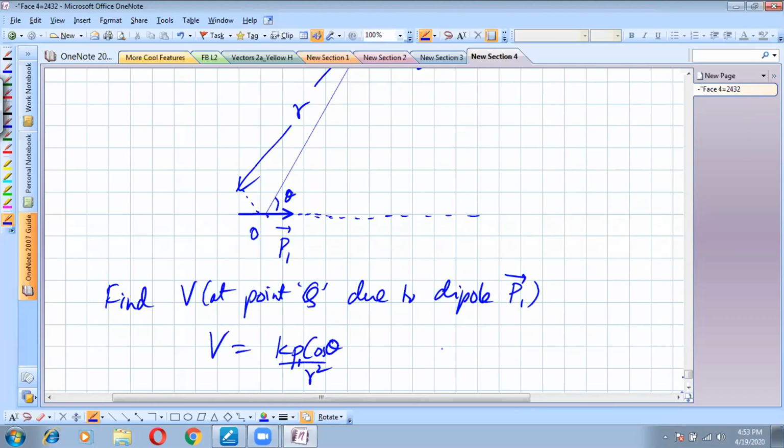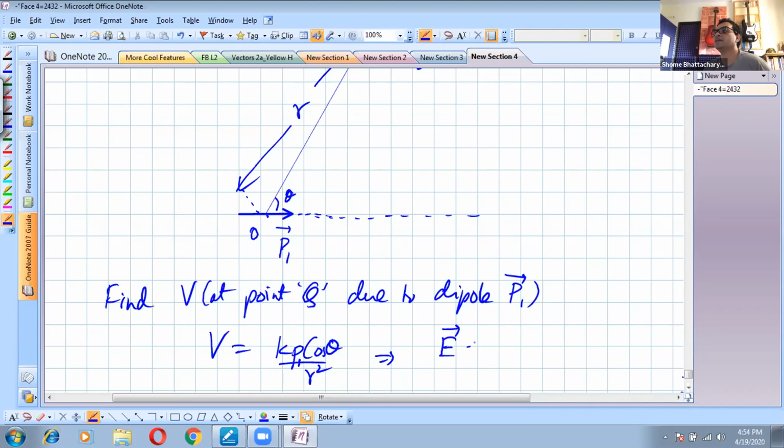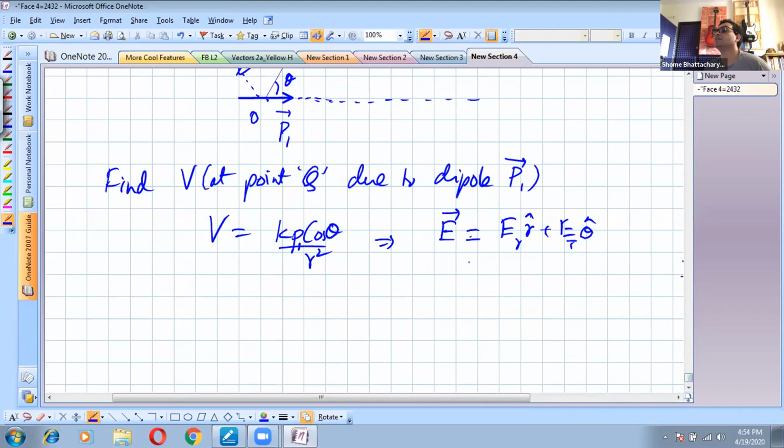From this, you even have the electric field. The electric field due to the dipole, you write as the radial component times r cap plus the tangential component times theta cap. The radial component is minus del V by del r, so it becomes 2 K P cos theta divided by r cube.